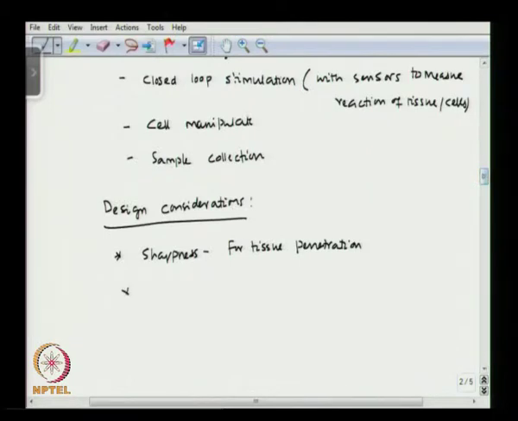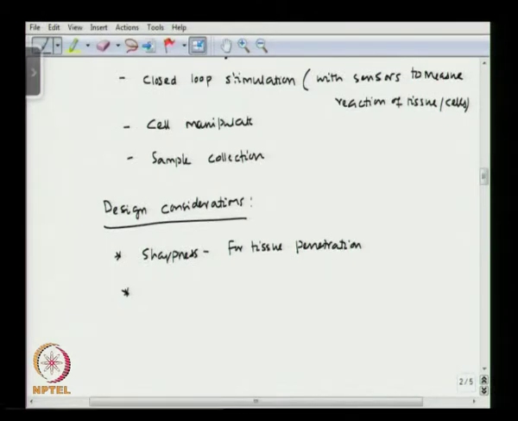And the second thing is that the microneedle should have enough strength to withstand bending, buckling and fracture. So, strength against bending, buckling and fracture.